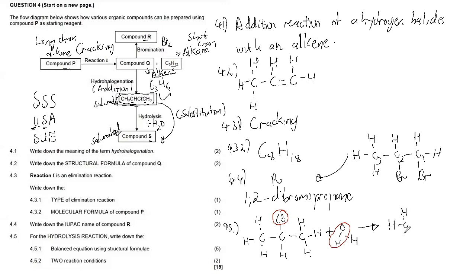So this is what we're going to have now. In the place of Cl, now we have the OH there. And then just like that. But then remember, we don't just throw away that Cl. It needs to react with this remaining hydrogen here to give us our byproduct.